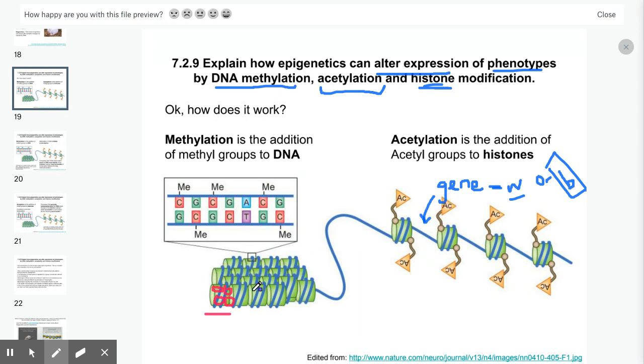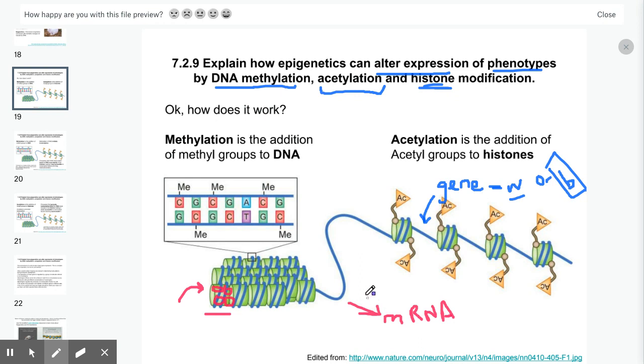If they are connected, so if these nucleosomes are so close together, there's no way for those transcription factors, remember, those are the proteins that initiate transcription to make that messenger RNA, to bind to that promoter region, right, to that starting point on the DNA.